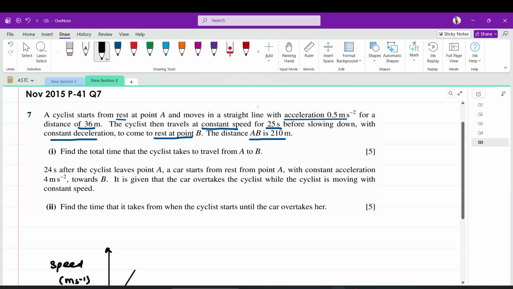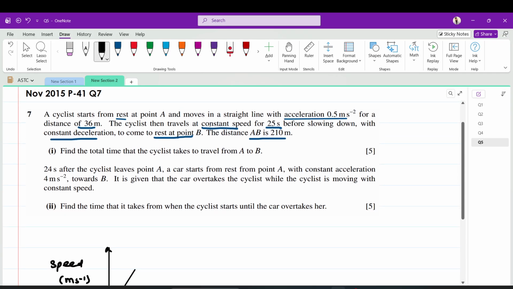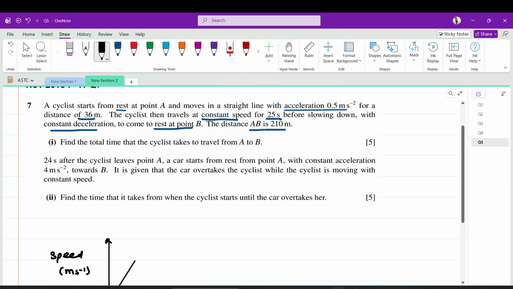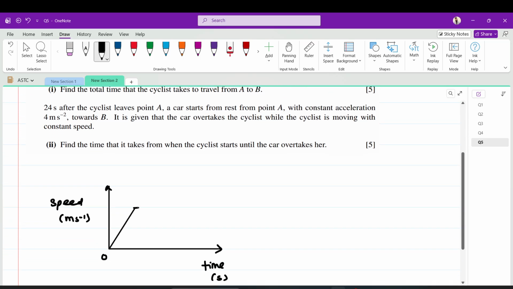Then it says the cyclist then travels at constant speed for 25 seconds. So this is 25 seconds. Let's say if this is T1, then this is going to be T1 plus 25.